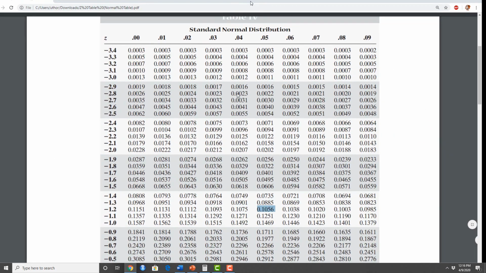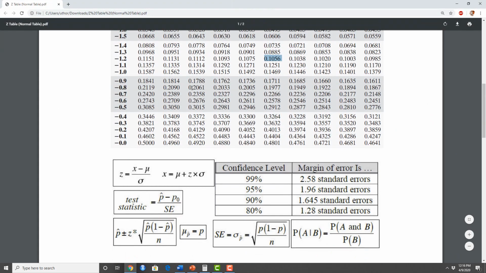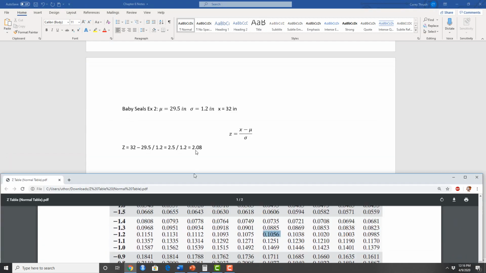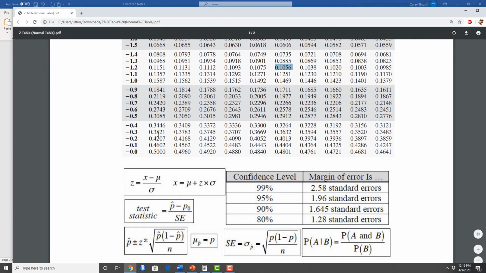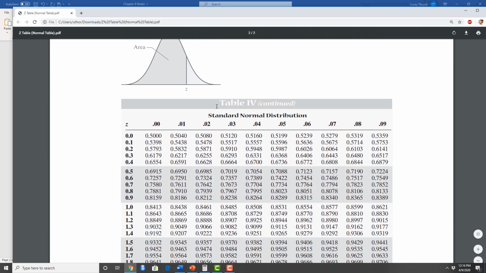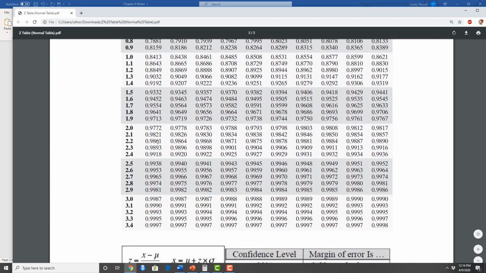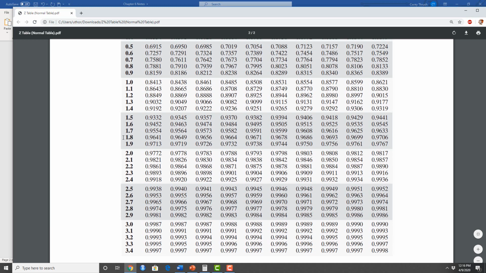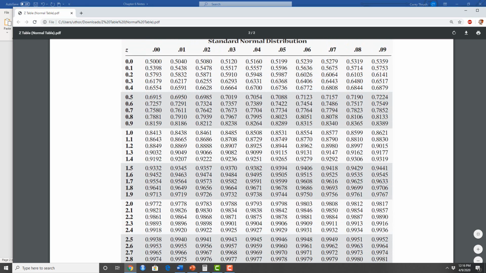We need this again. So we're concerned with 2.08. This is the left side of the table, the negatives, and then the second page is the right side. So 2.0, alright, it's right here.